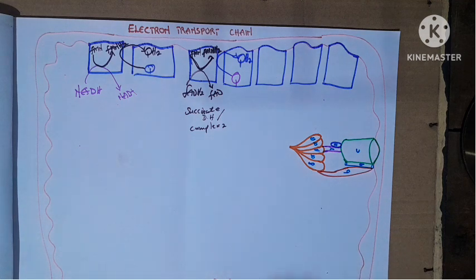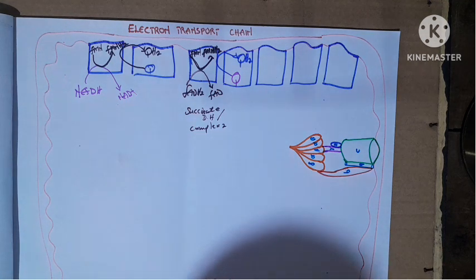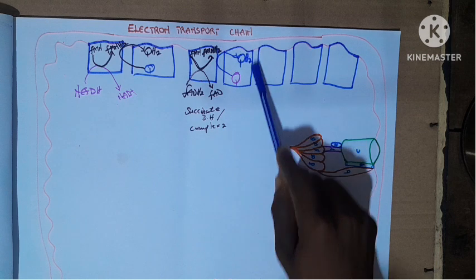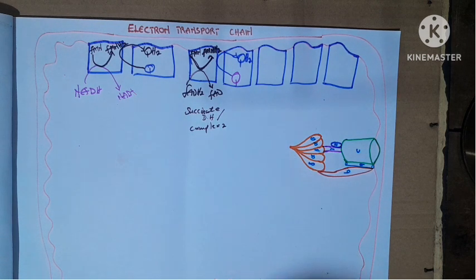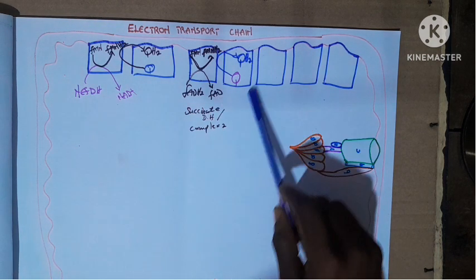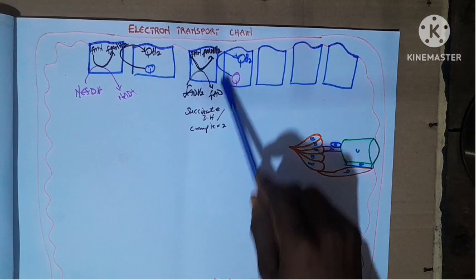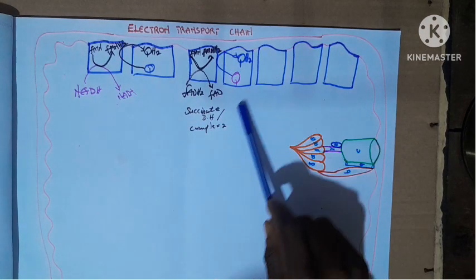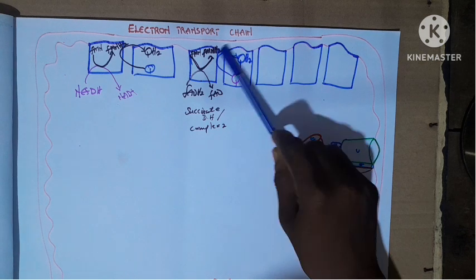This coenzyme is known as ubiquinone. So it takes up the electrons from this complex 2 to form QH2, known as ubiquinone.